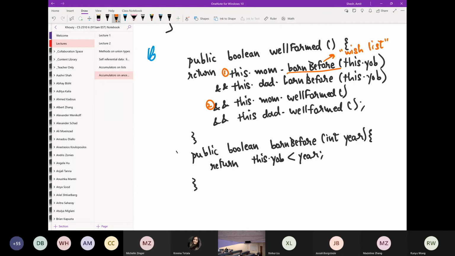So let's see if there is a better way to implement this method that combines both of them. Okay? So how might we combine both of them? Now imagine you call this one method on your mom's side that is supposed to do both. Check if the mom's side is well formed. So that part it can do, no problem. Okay? But in order to do that, imagine you're the mom.